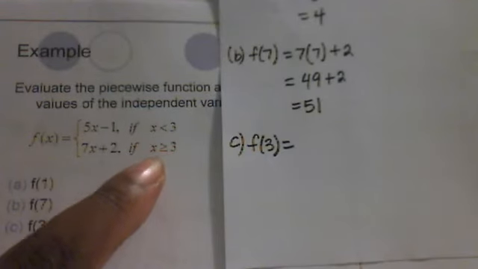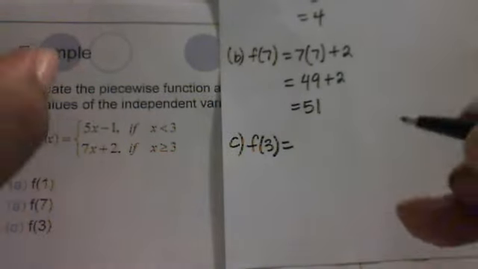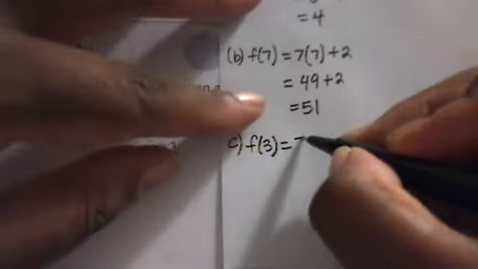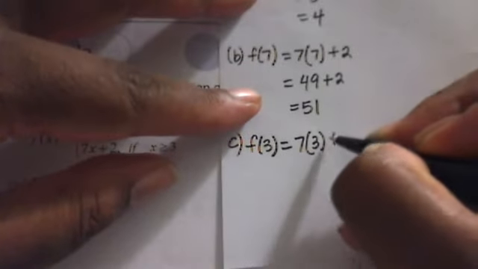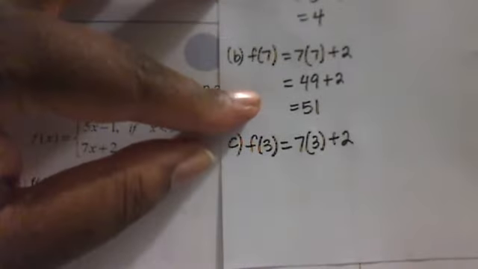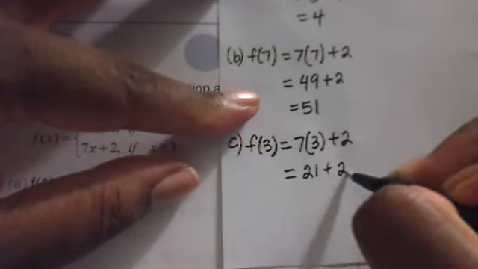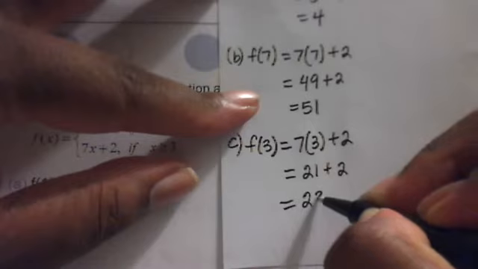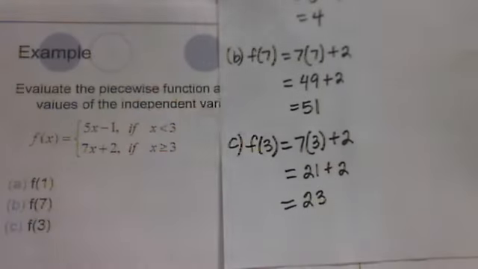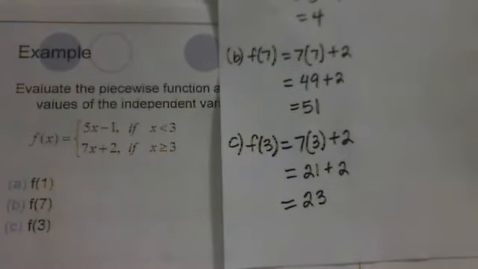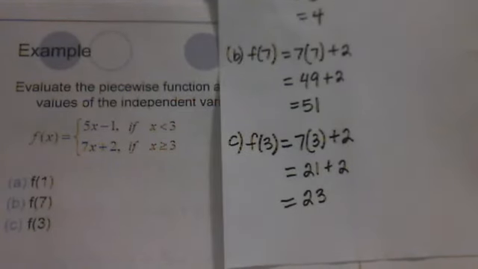And 3 does equal 3, so we do use the 7x plus 2 to evaluate this. So it'll be 7 times 3 plus 2. And then 7 times 3 is 21. 21 plus 2 is 23. So the value of that piecewise function when x is equal to 3 is simply 23.